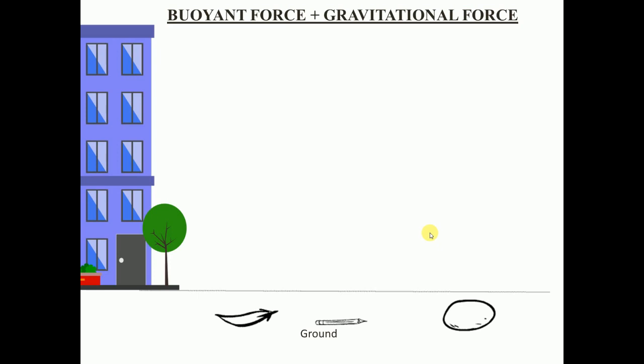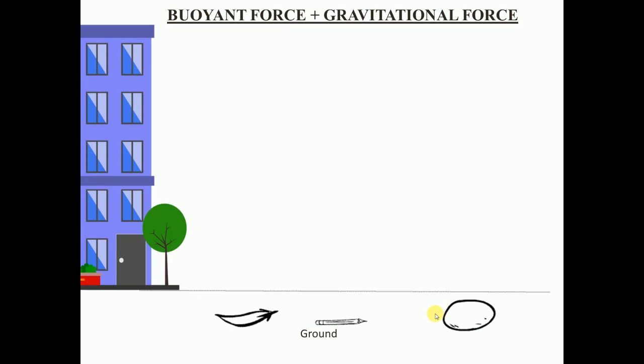So here in this case we come across two forces. The first force is the force applied by the air on the three objects, which was preventing them from falling on the earth. And the second is the gravitational force. This force is attracting each and every object on the earth, you know that.